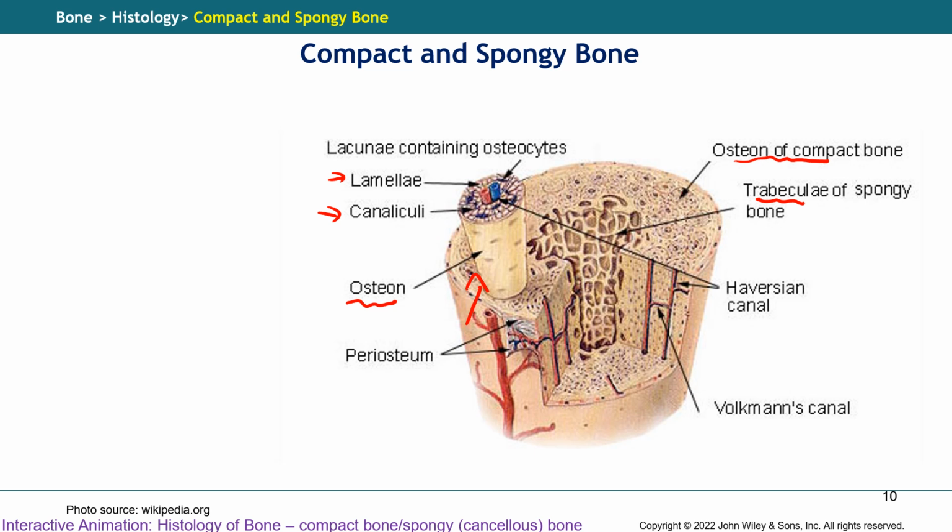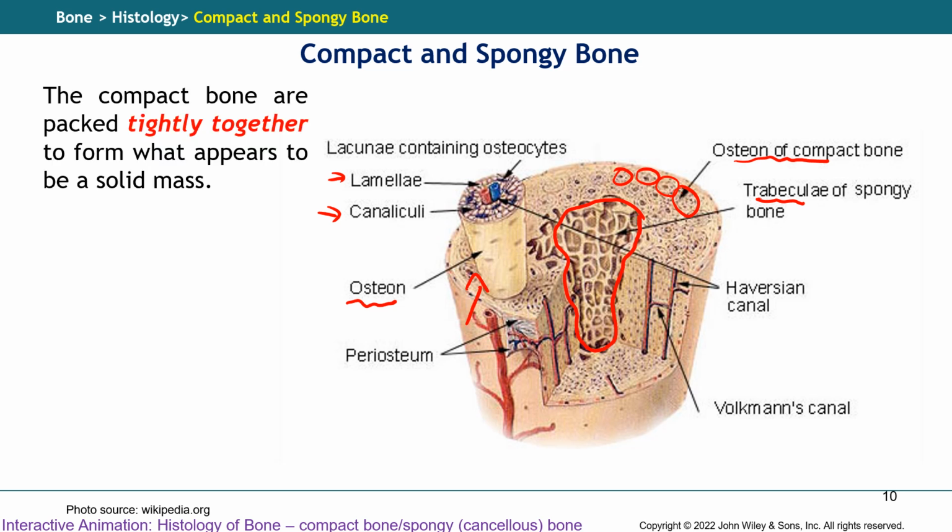You will have another one here, another one here, and another one here, and all of them are tied together to form what appears to be a solid mass. On the other hand, the trabeculae, this structure found in the spongy bones, is the opposite. You don't have a solid mass. What you have there are small and irregular cavities that contain the red bone marrow, that is where the blood cells are going to originate.